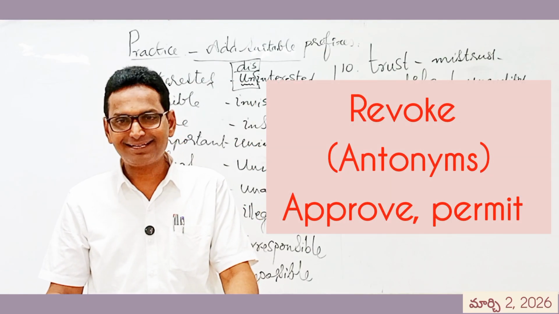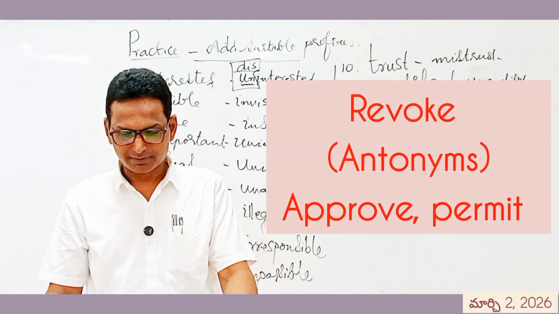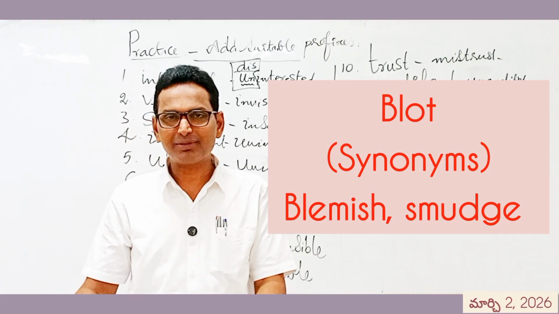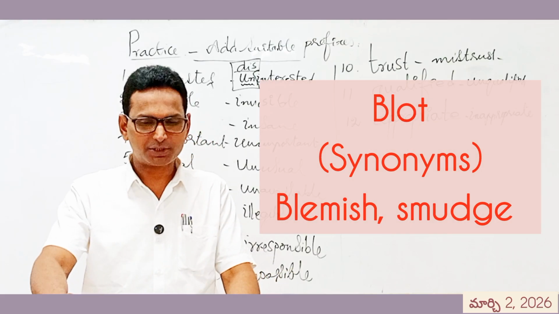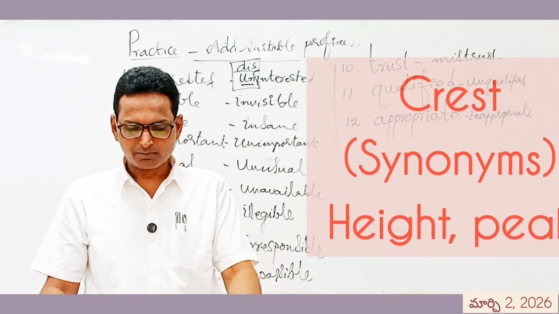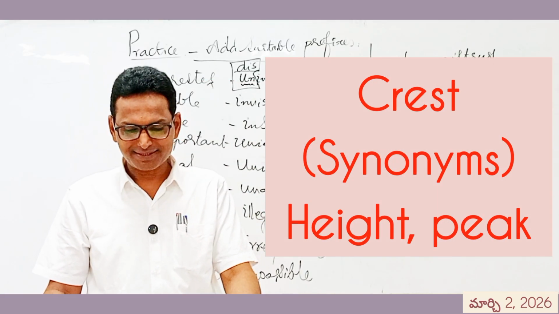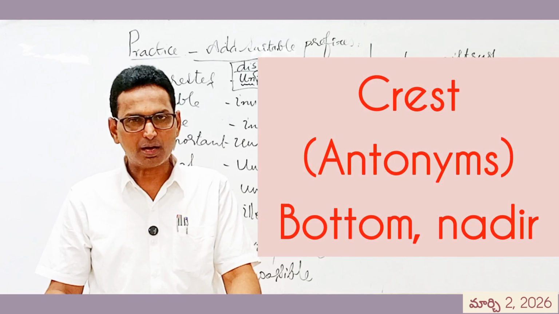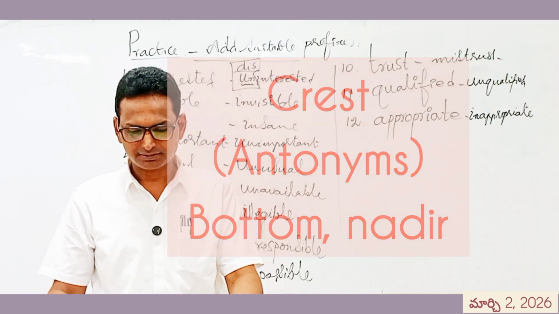Antonyms: approve, permit. Blot. Synonyms: blemish, smudge. Antonyms: cleanliness, honor. Crest. Synonyms: height, peak. Antonyms: bottom, nadir.